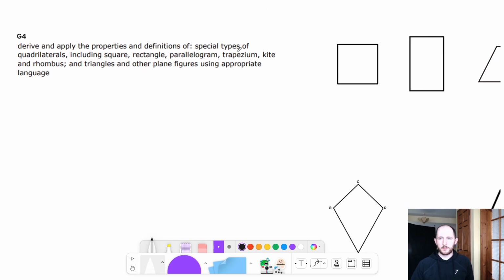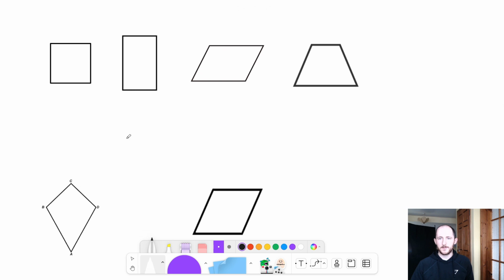You need to know the properties and definitions of special types of quadrilaterals. So here we go. It should be noted that a rectangle is a special type of parallelogram and a square is a special type of rectangle. I'll go through why in a second. With a square, all sides equal and all angles equal.